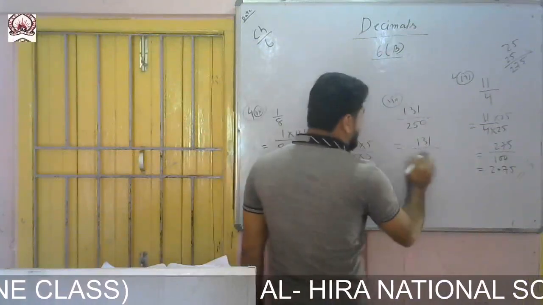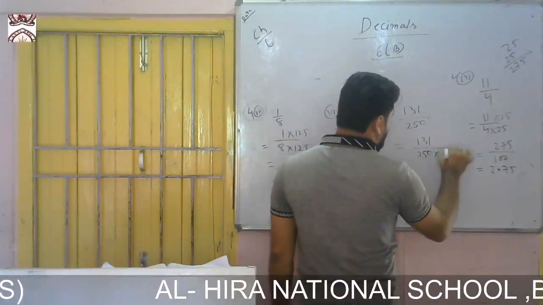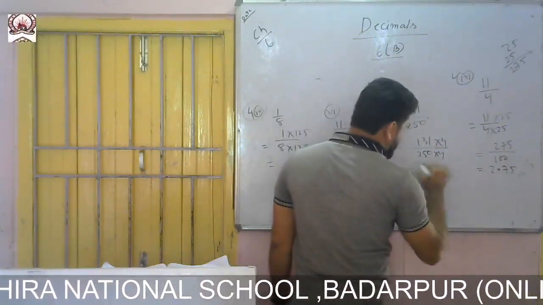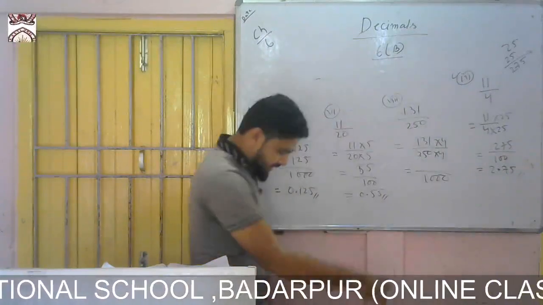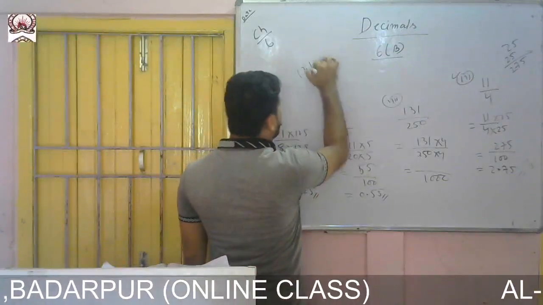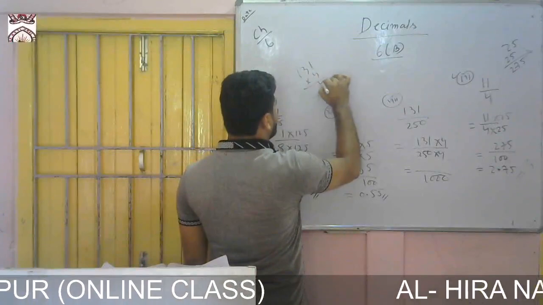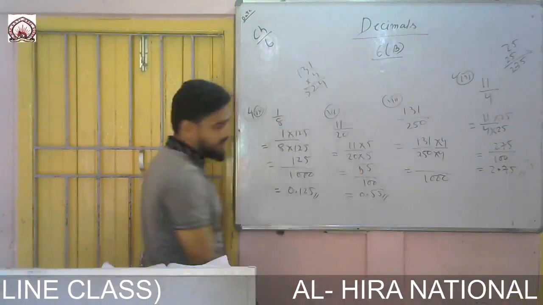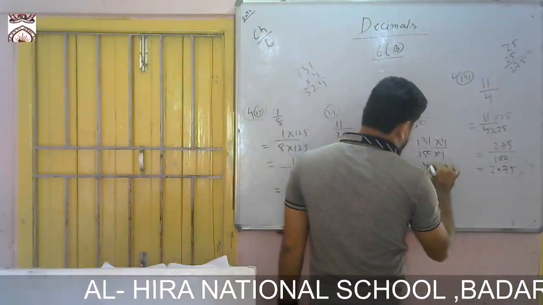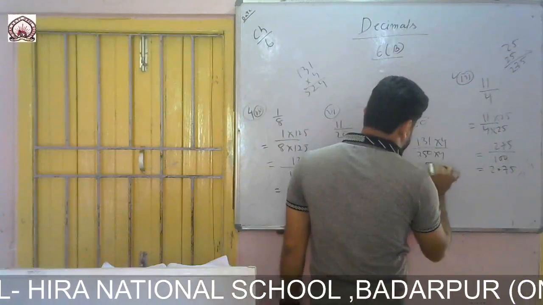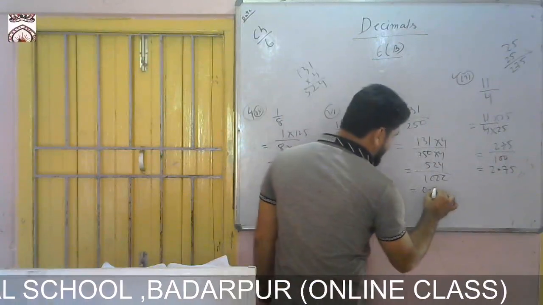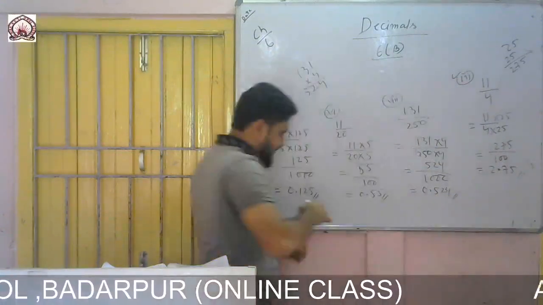That means I multiply 250 with 4 to make it a multiple of 10. Then if I multiply 131 with 4, 4 1s are 4, 4 3s are 12, 4 1s are 4 and 1 is 5, so 524. So 1 2 3, the point will come here before 5. That is the answer.